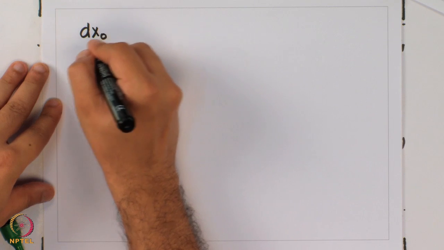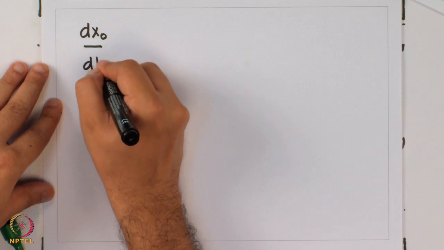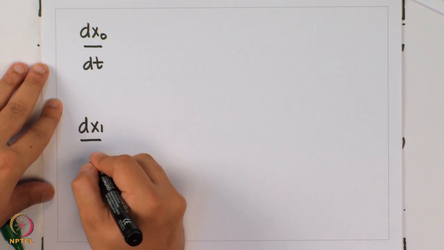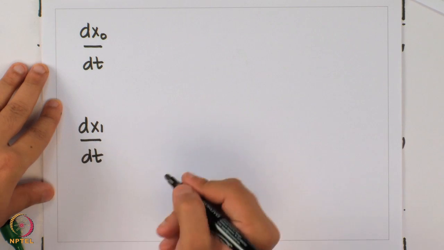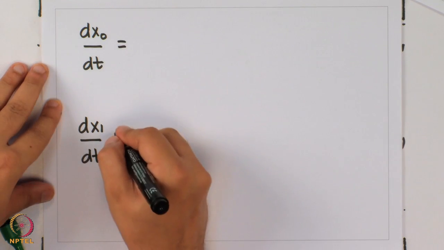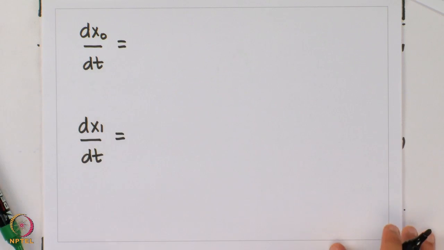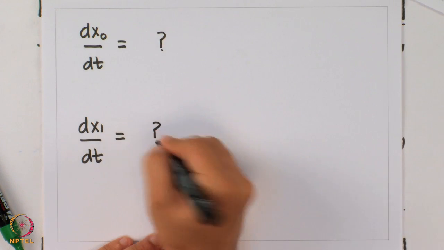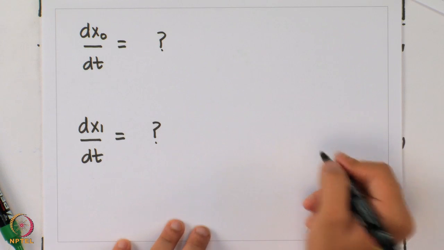And what we are interested in here is coming up with expressions for dx naught by dt and dx1 by dt. What are x naught and x1? So, these are the relationships that we are interested in deriving.